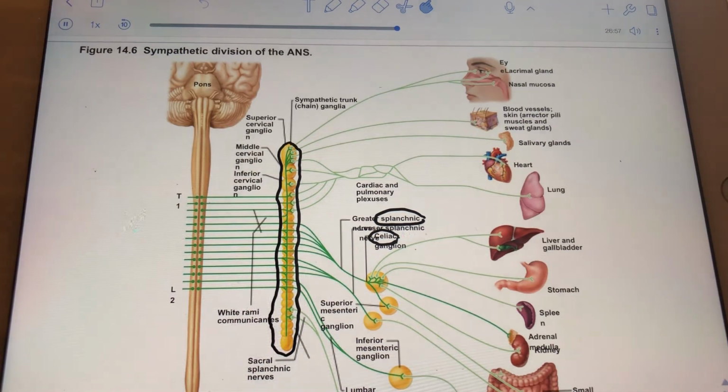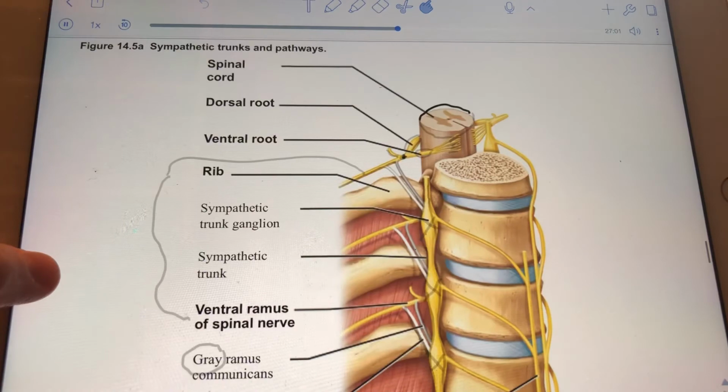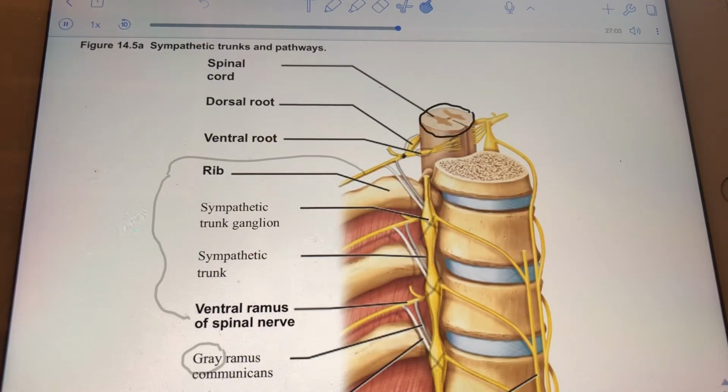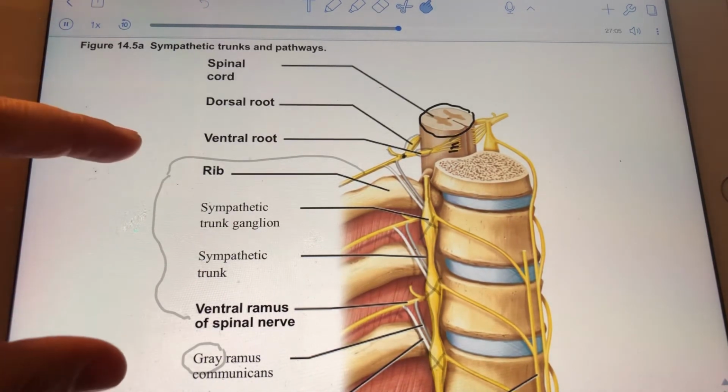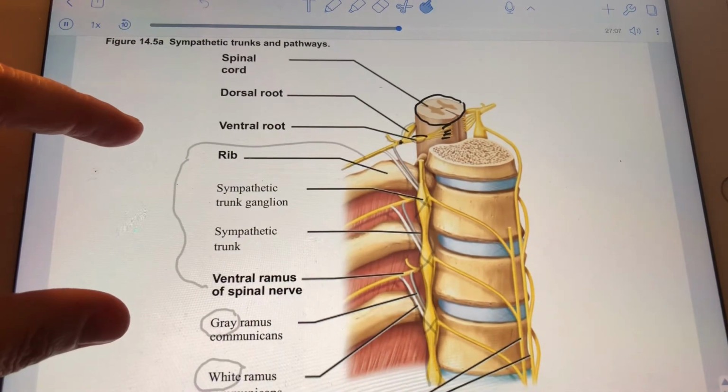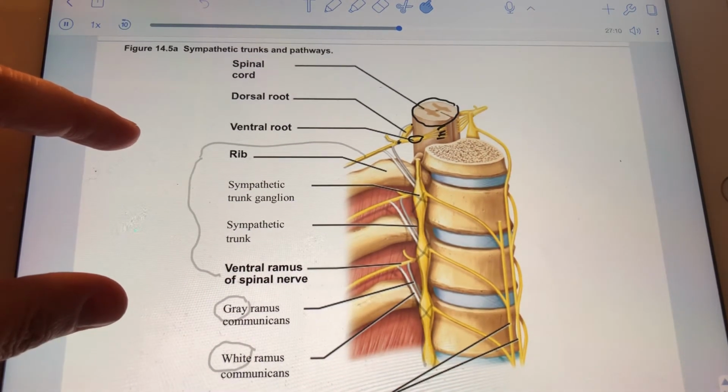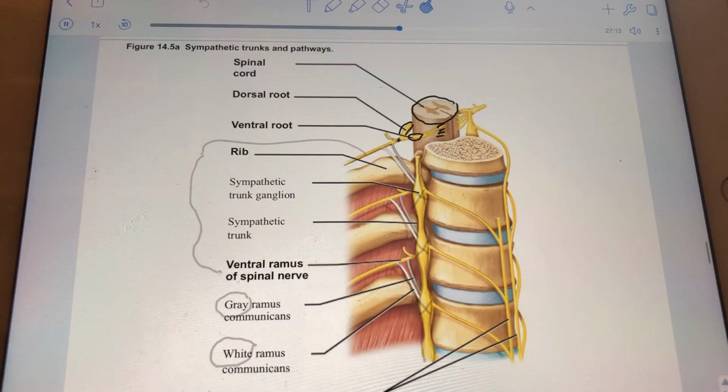Moving on to slide 21. Here's our spinal cord, our ventral rootlets, our ventral root, our dorsal root ganglion, okay, our very short spinal nerve, really short until it branches, okay, here's our dorsal ramus, and here's our ventral ramus.